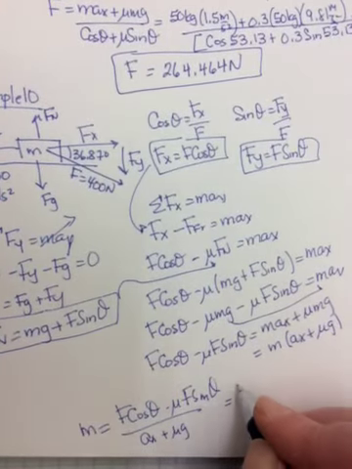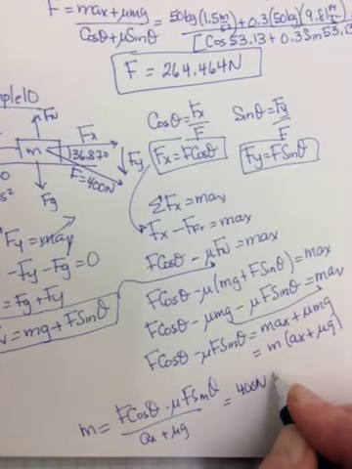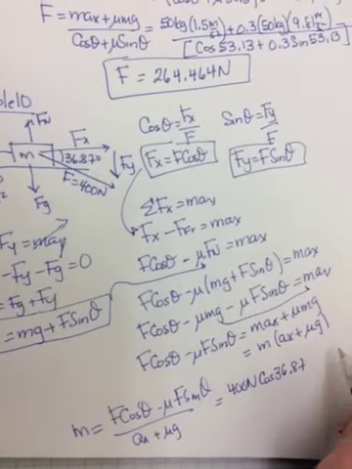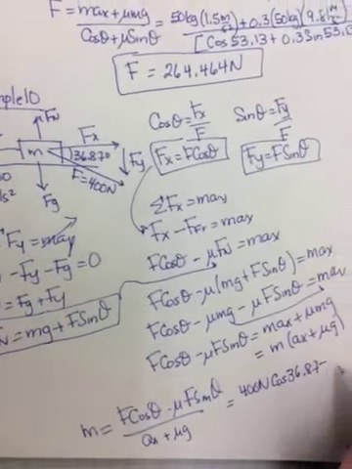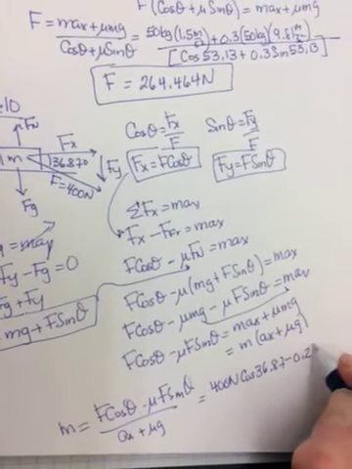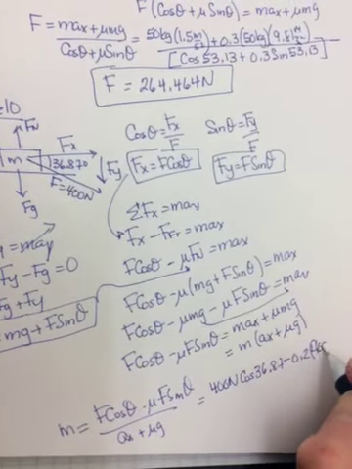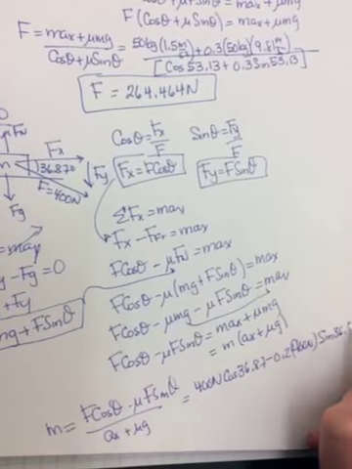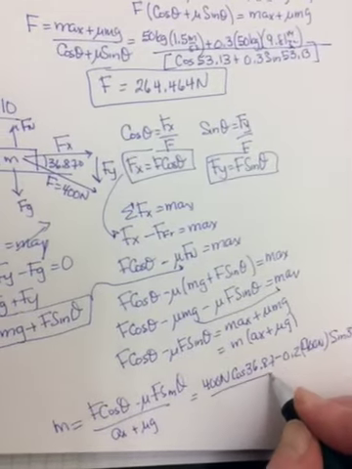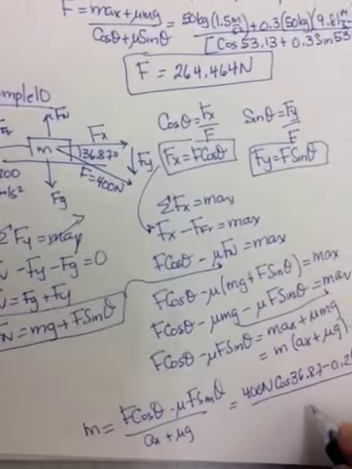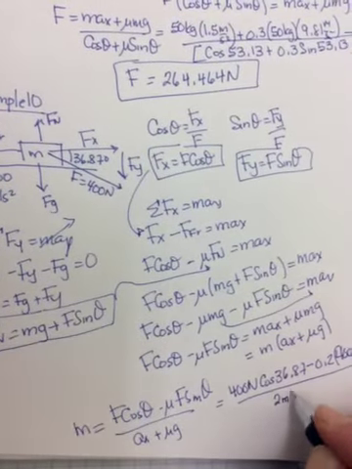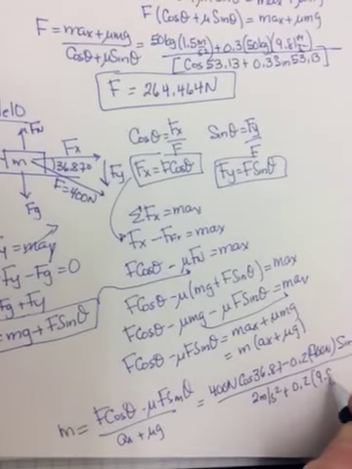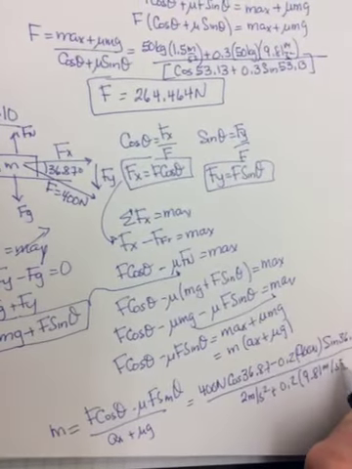So F was 400 newtons, cos of 36.87, minus mu was 0.2 times 400 newtons, sine of 36.87, divided by ax was 2 meters per second squared plus 0.2 times 9.81 meters per second squared.